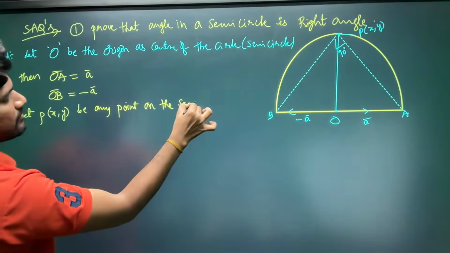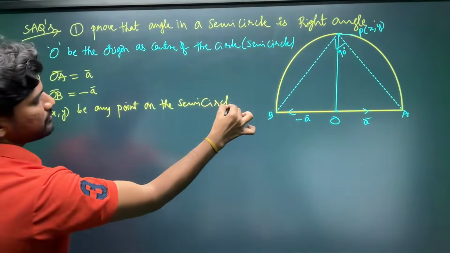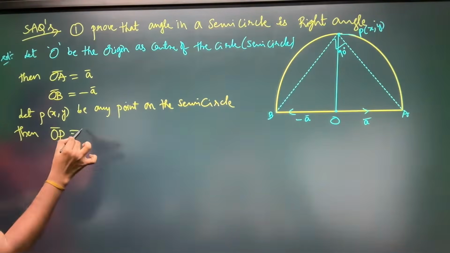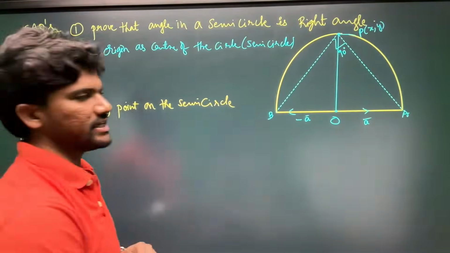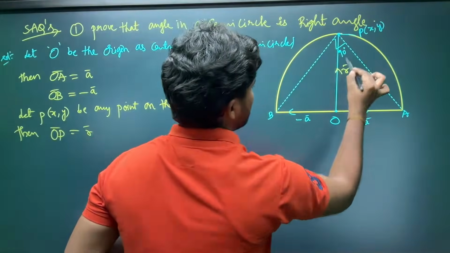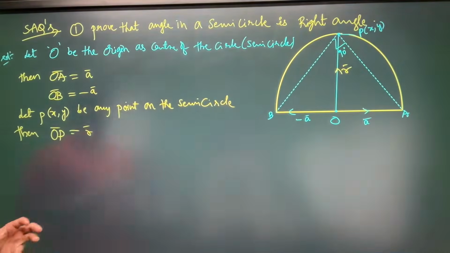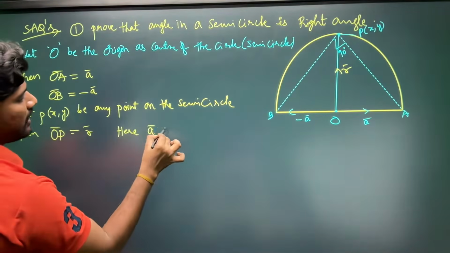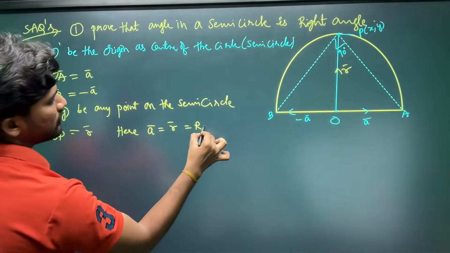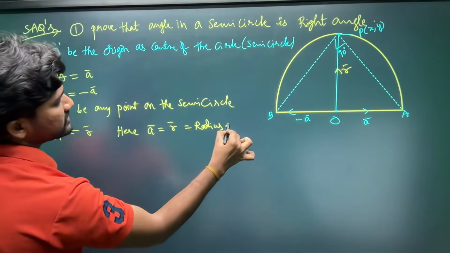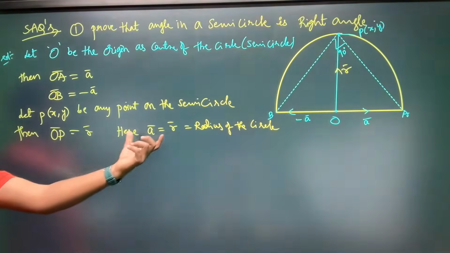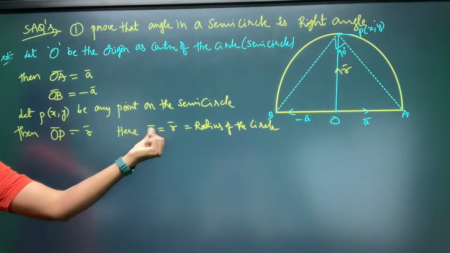Then from origin, OP bar is equal to small r bar, this distance is r bar, basically a bar. So clearly a bar is equal to r bar is equal to the radius of the circle or semicircle. Both are the same, a bar equal to r bar.